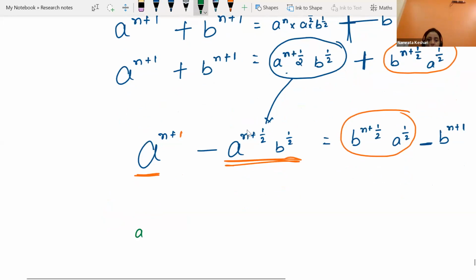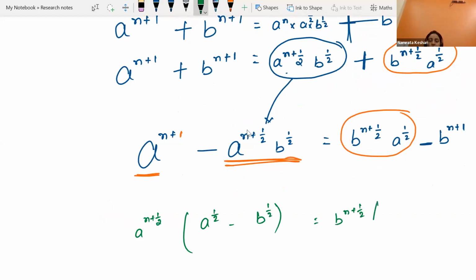Let me check first. Yes, we ended up getting a equals b. Just a moment.